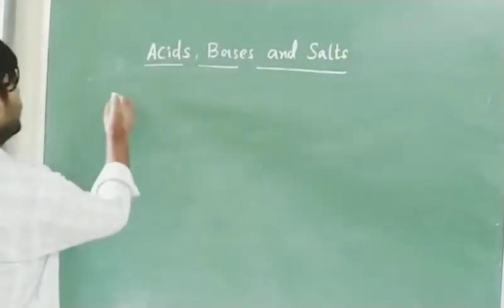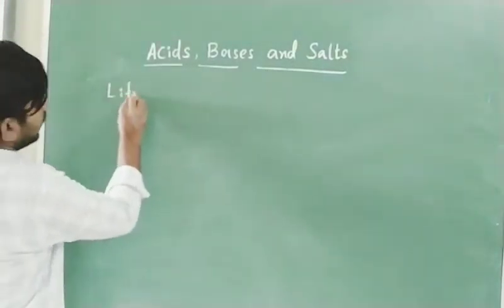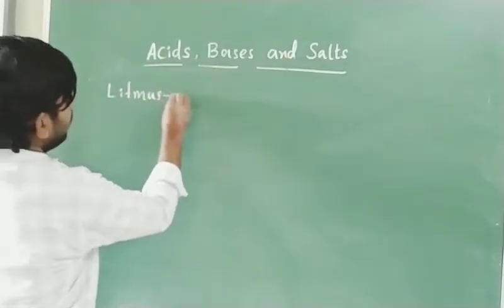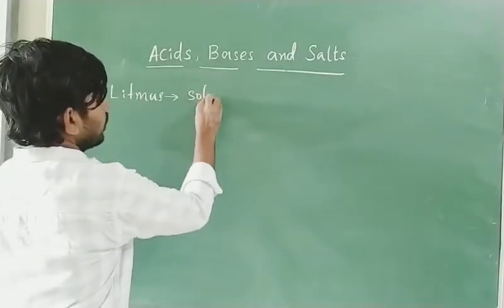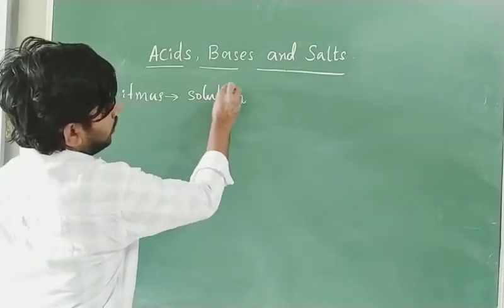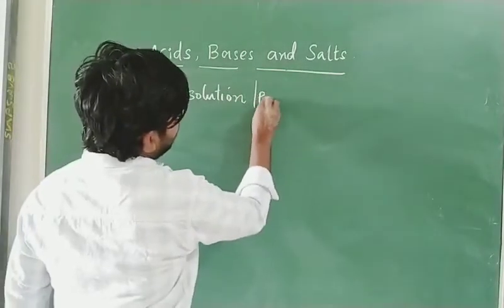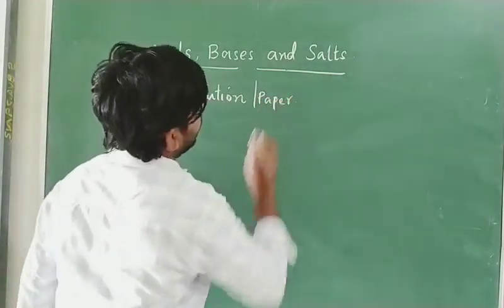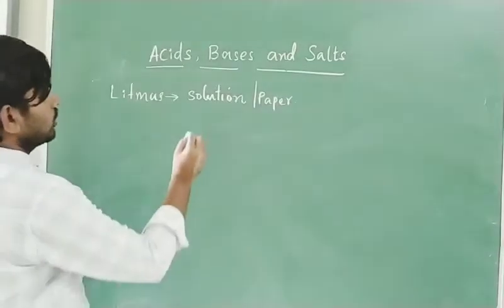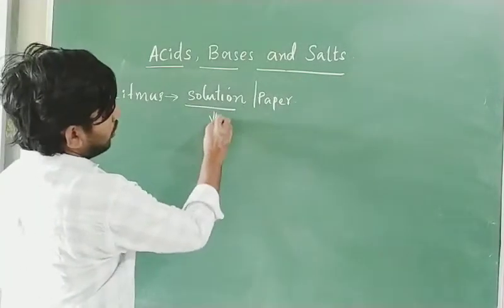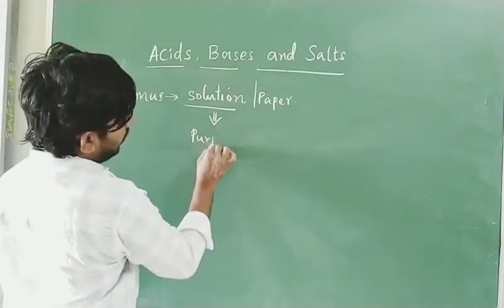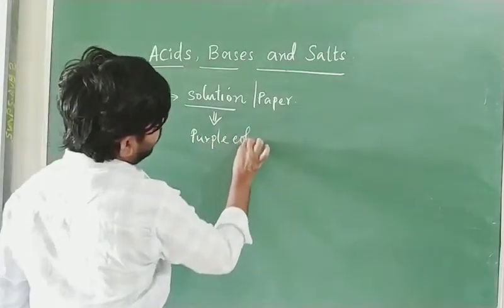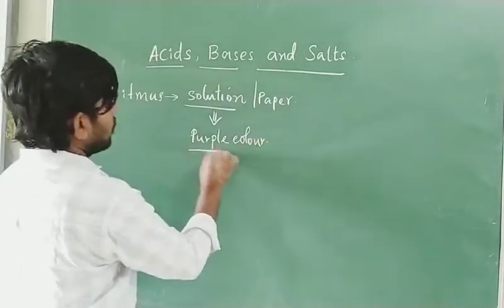If you take a litmus indicator, it is available as a solution as well as in paper form. The solution will be purple. The original color of litmus is purple, remember.